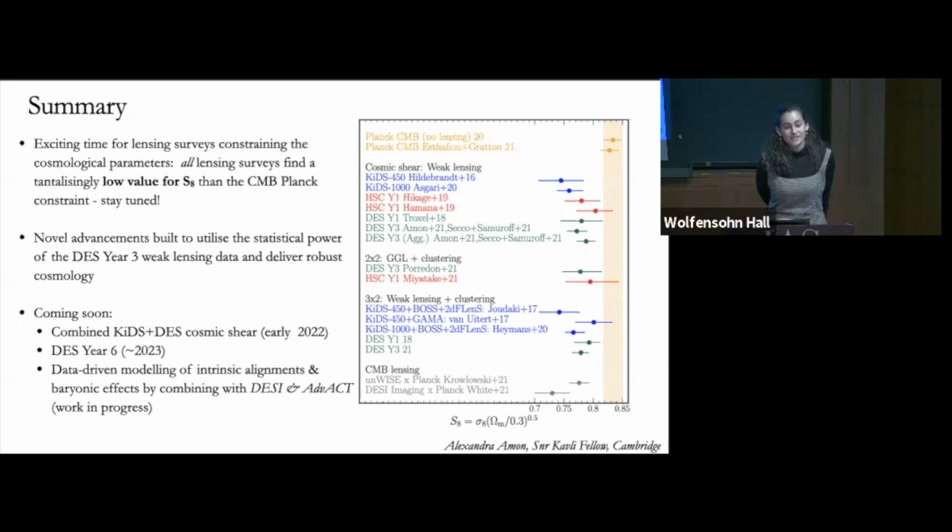Given this thing of the baryons, would it be a benefit of doing HSC plus DES? Oh yeah, I mean, there are scales that we think we can model well, as we've done in our analysis, and so just by boosting the signal to noise on that will help you. There's a limit on how much you can get out of the data right now, unless you get to those small scales.